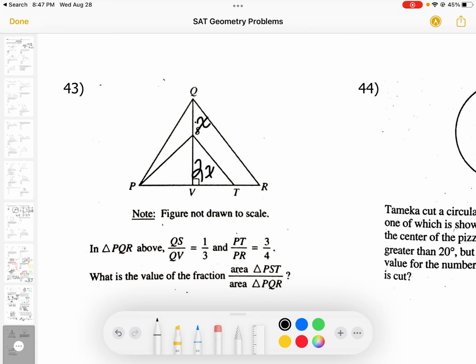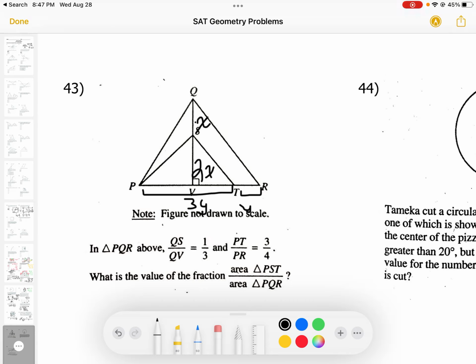And PT over PR is 3 over 4. So if this is 3Y, then TR is just Y. It's like that, right?